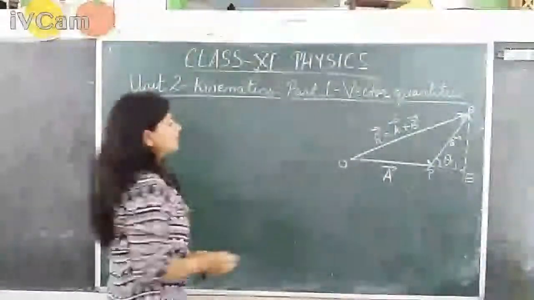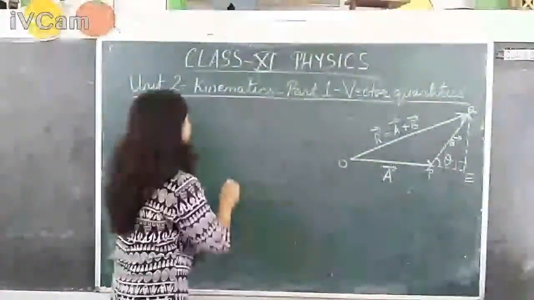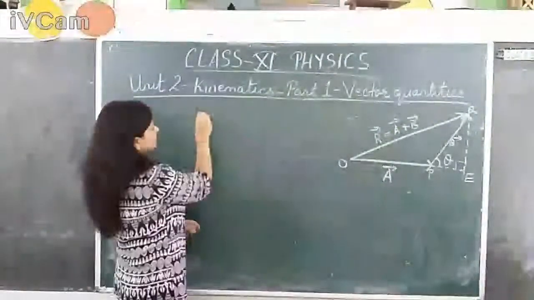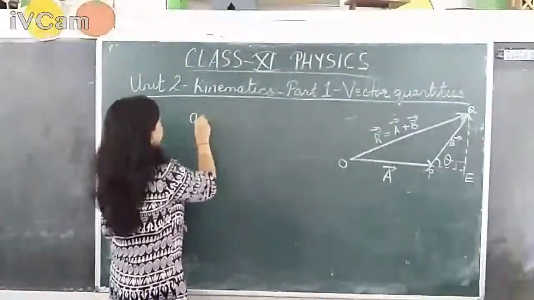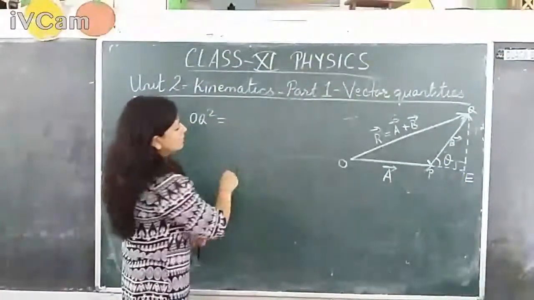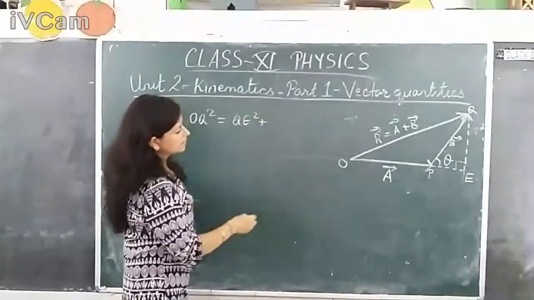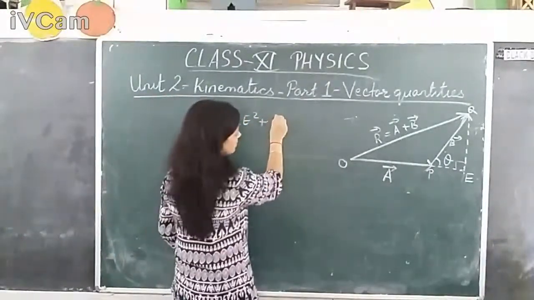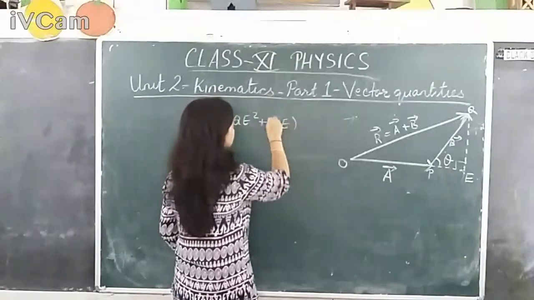Since we are concerned with this one, that is the diagonal, and you know from diagonal the formula using Pythagoras theorem is diagonal square, that is OQ square, is equal to perpendicular square plus base square. Our base is OE square.